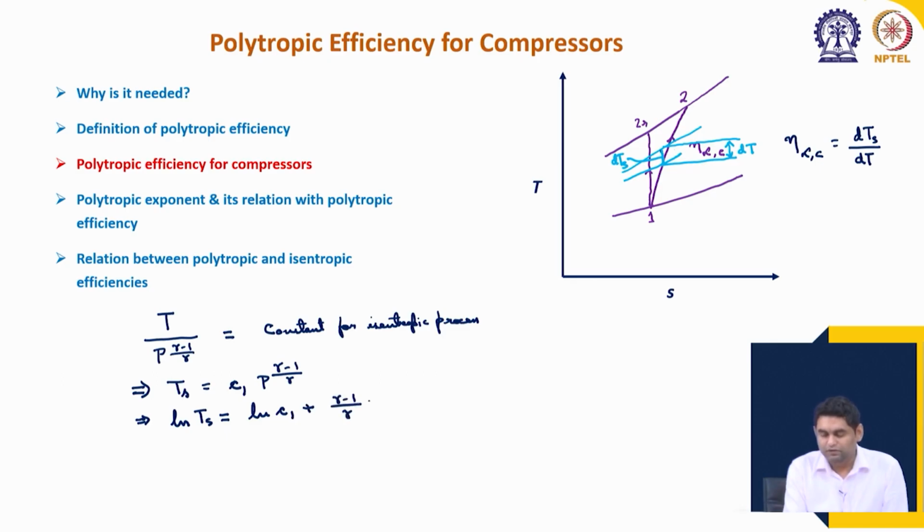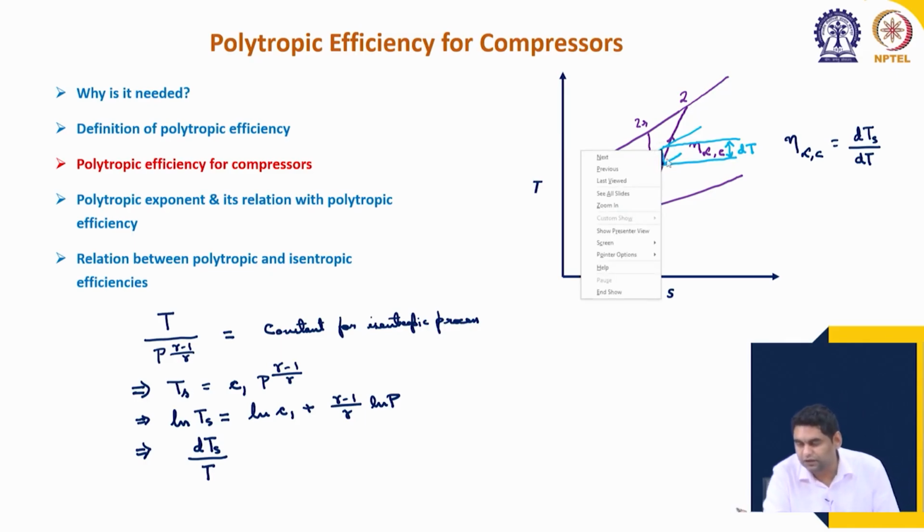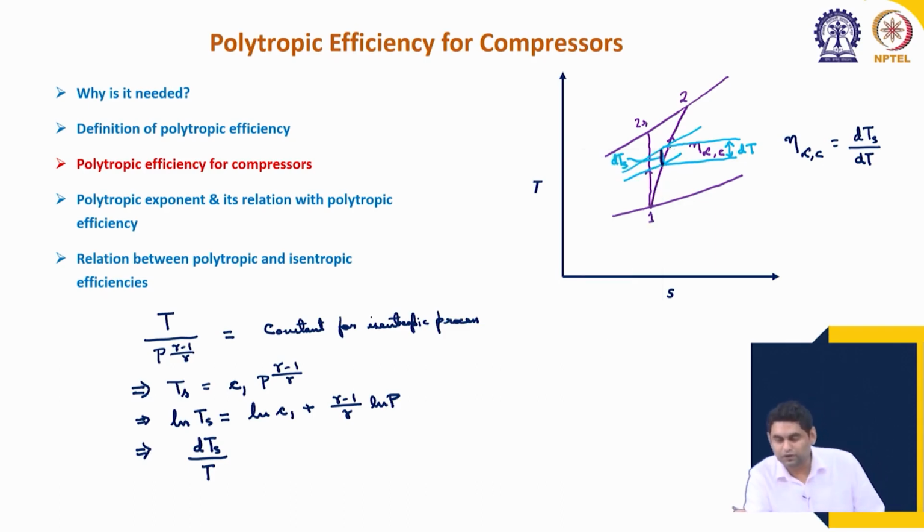If I differentiate both the sides of this equation, we are left with dTs by T, because the temperature parameter which is changing is T, but along the line of Ts. So, when we have written Ts here, it means that we are considering the change of T along this isentropic line instead of along the actual line.